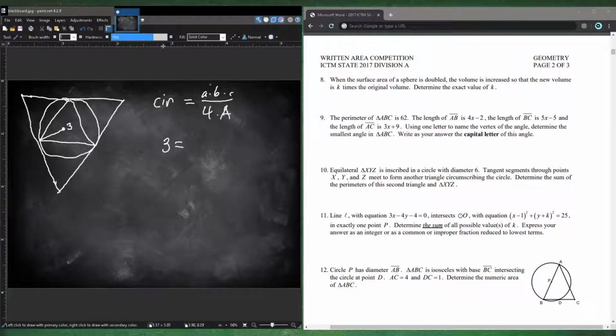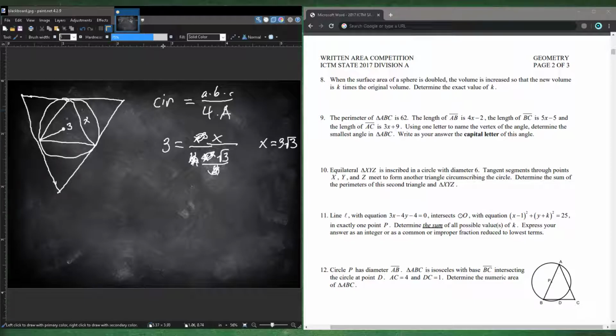And then A times B times C. Since it's an equilateral triangle, let's call the side length x, right? A, B, C, those are just side lengths of that. And that's why I don't want to call it A, because you might get confused. So x times x times x is x cubed. And then 4 times the area. The area of an equilateral triangle, you should just memorize this, is x squared times square root 3 over 4. So this divided by this equals, cancel this out. And x squared, x cubed, x is on top. So that means x is equal to 3 square root 3.